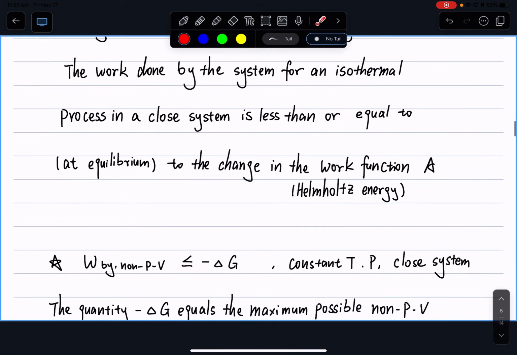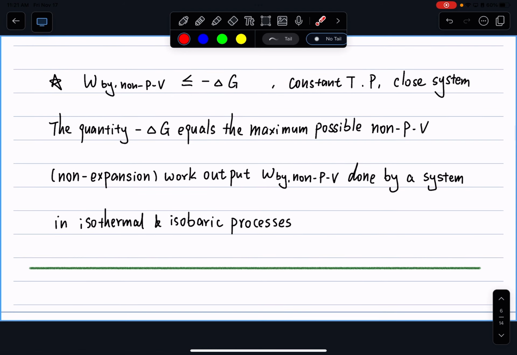And for delta G, we went over that derivation and said the quantity of negative delta G gives you the maximum possible non-PV work that your system can do. And typically non-PV work is what we chemists care about, like electric work, or in biological reactions, other types of work that's not expanding or contracting.